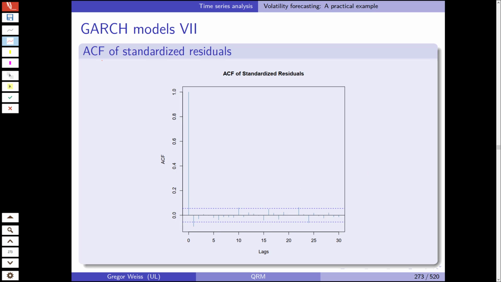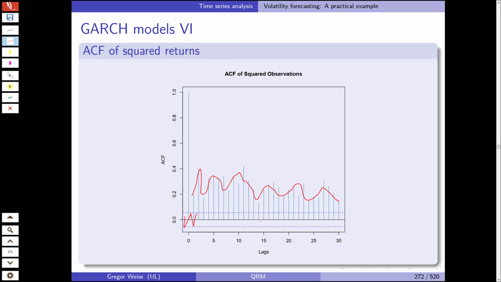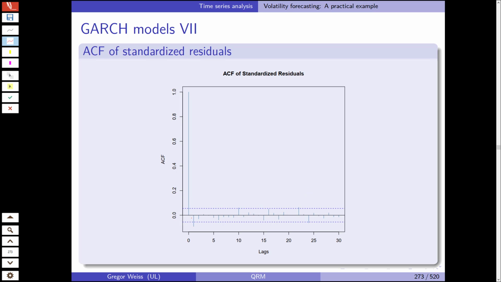Now let's look at the autocorrelation function of the standardized returns, meaning that we take the returns and standardize them by the estimated conditional volatilities. And as you can see, we are able to remove this autocorrelation almost completely.